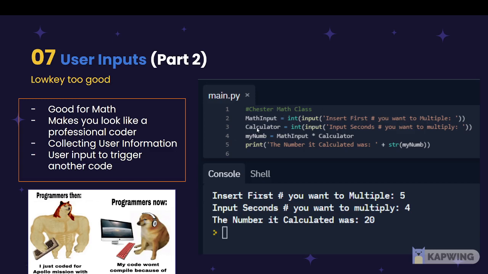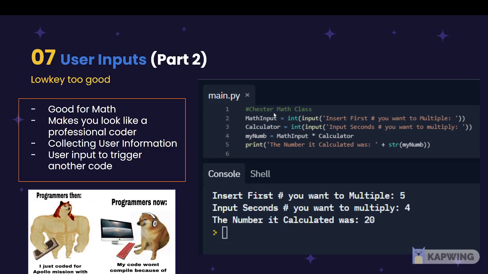Then, we make the second variable called calculator, and it's equal to a similar looking thing, int, parentheses, input, parentheses, input second number you want to multiply. So, similar. We're basically turning whatever the user inputs when we ask them this into an integer.